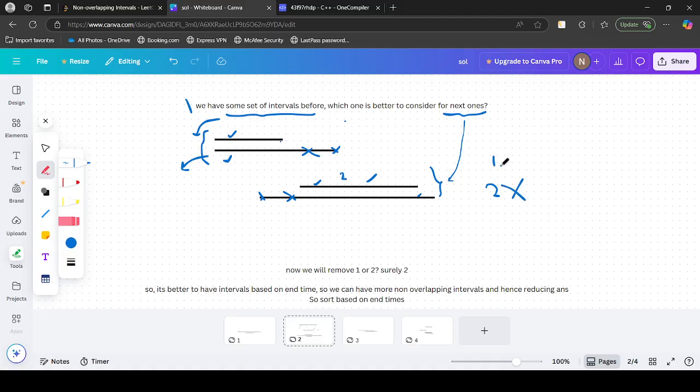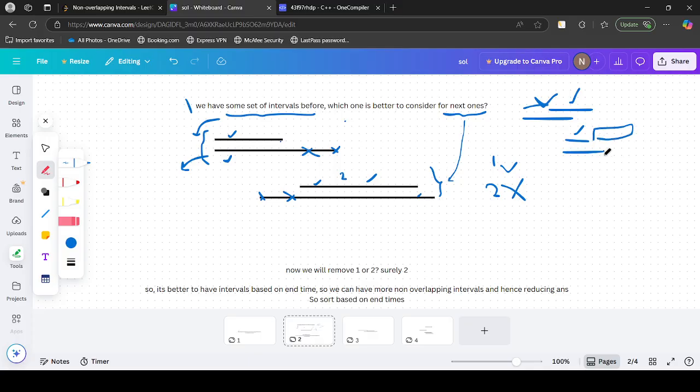So it is easy to understand that an interval with a smaller endpoint is surely better than an interval with a larger endpoint, because even in future there may be an interval with a start just greater than the end, so that it can be paired with this one. So there is more probability for the smaller one to be paired with some other intervals in future.